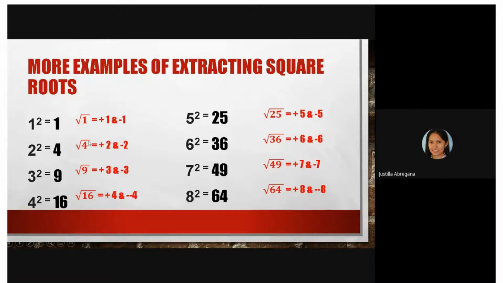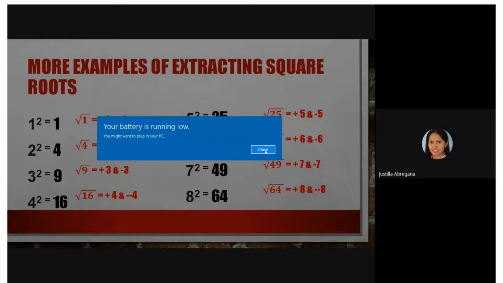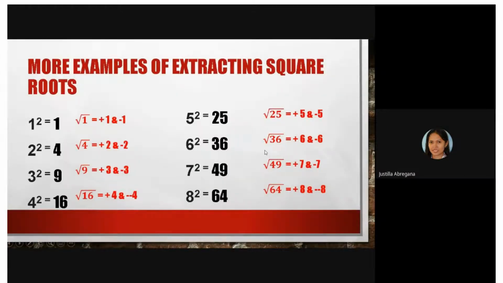The square root of 4 is equal to positive 2 and negative 2, because positive 2 times positive 2 is equal to positive 4, and negative 2 times negative 2 is equal to positive 4. Then the square root of 9 is equal to positive 3 and negative 3.